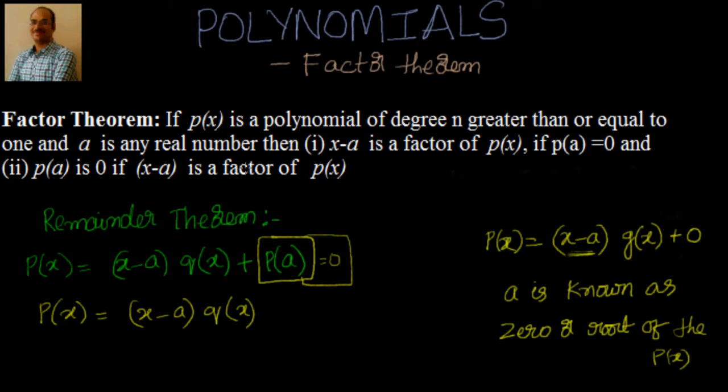So the factor and the zero are closely related. If x minus a is a factor of the polynomial, then a is called a zero or root of the polynomial.